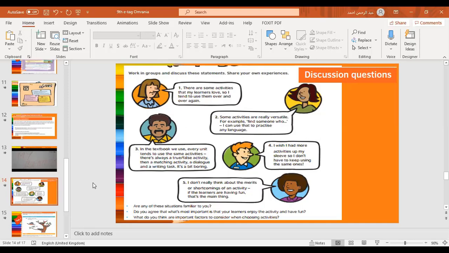The fifth one and the last one says, I don't really think about the merits or shortcomings, that's demerits, of an activity. If the learners are having fun, that's the main thing. So he says that having fun is the main core, not giving the students new information or new ideas.